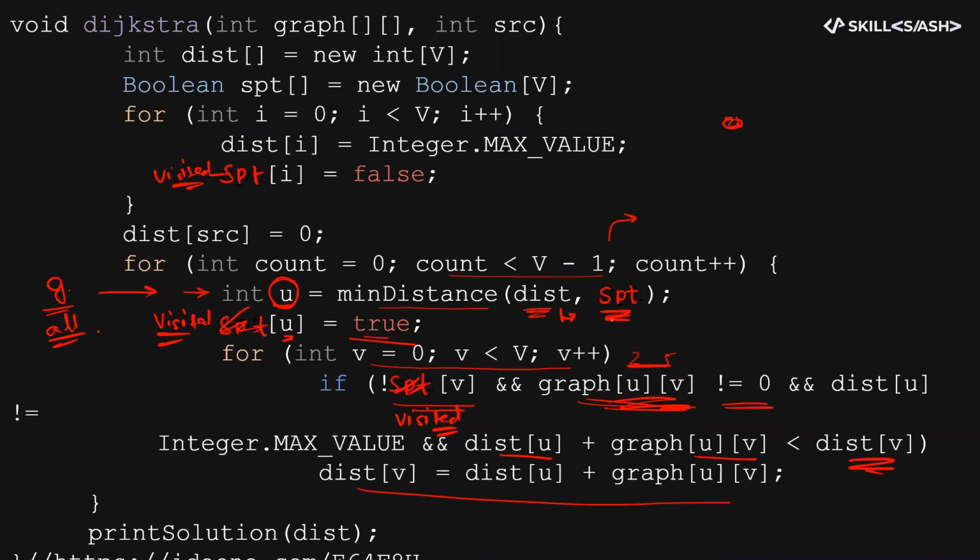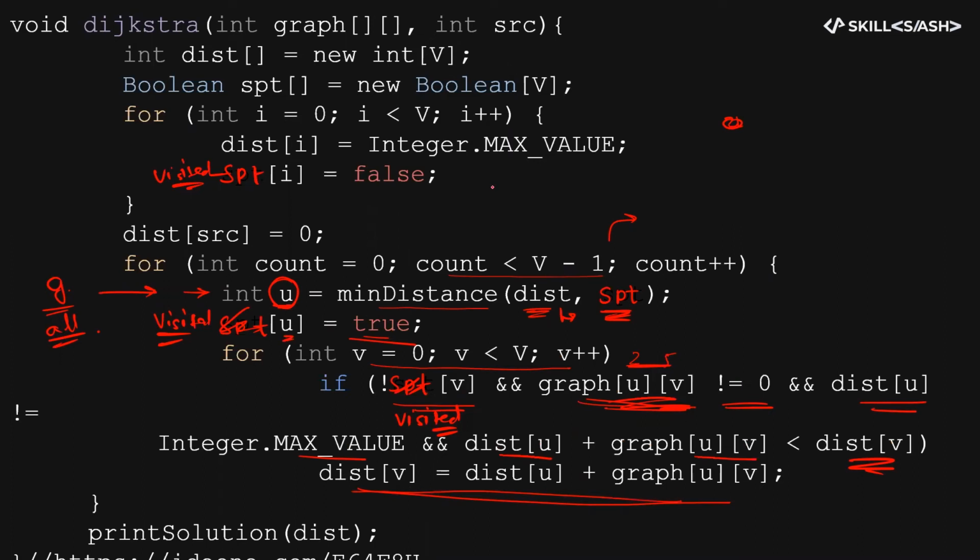Got it? So in this way, we'll keep on updating it. And if you see what I have updated: if it's not visited, the edge exists, and the distance of u, the final distance, is not equal to the maximum value, infinite, and the distance of u plus the graph weight is less than the already existing distance, in that case only we are updating it.